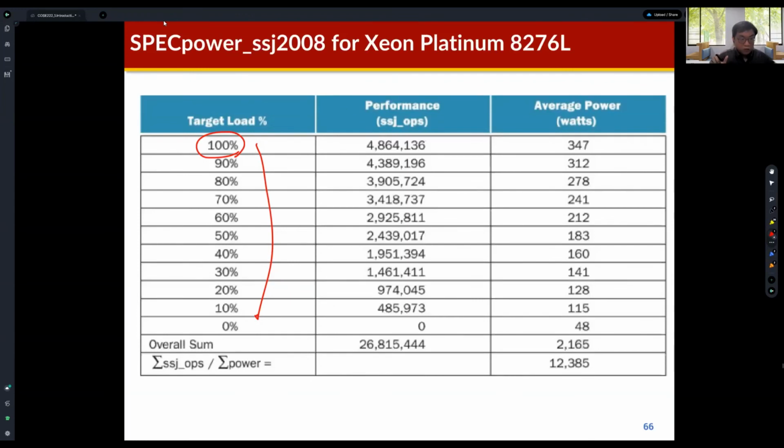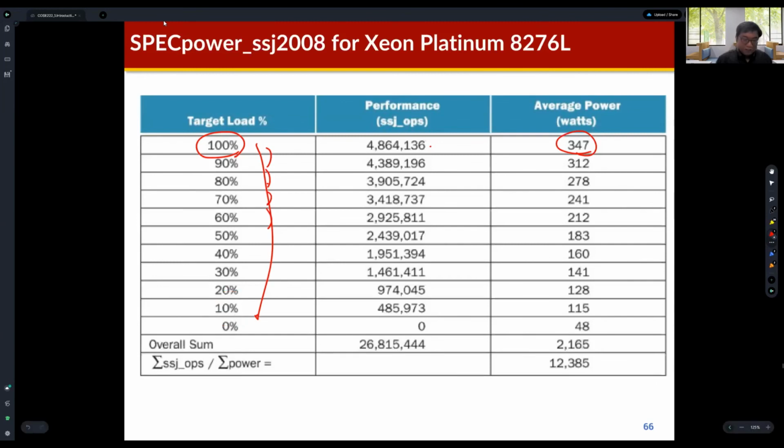Then 10% means that only 10% of CPU resources are used for running this workload. And for every 10% workload level, the performance is measured. Also, the consumed power is measured.